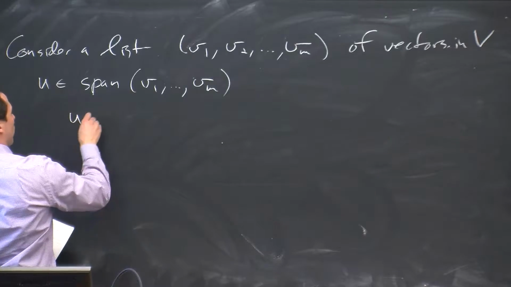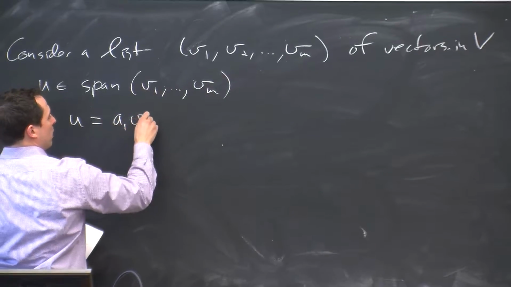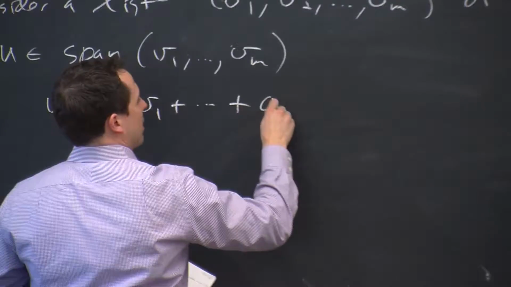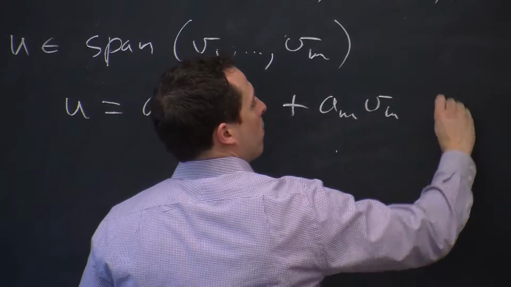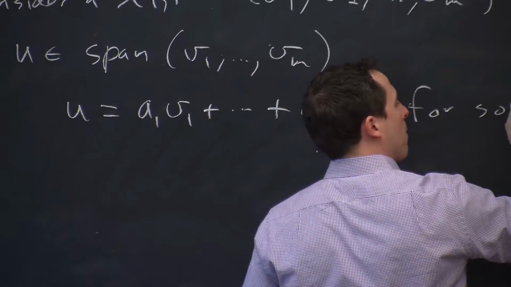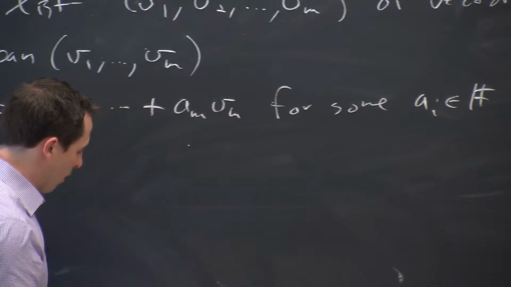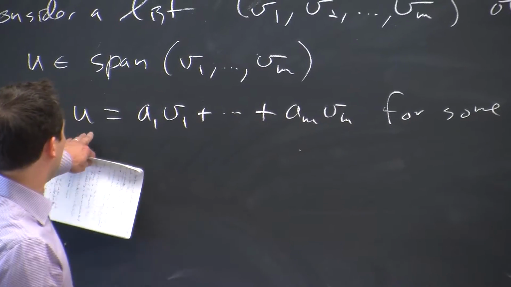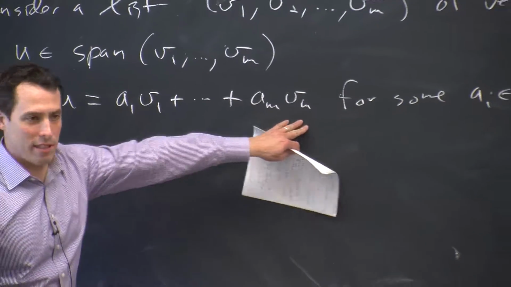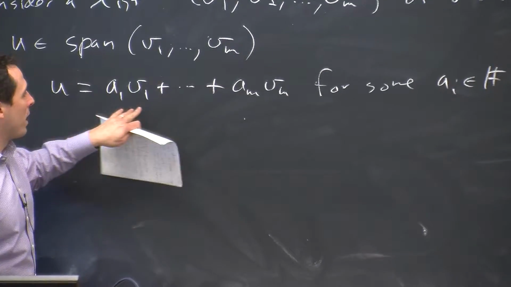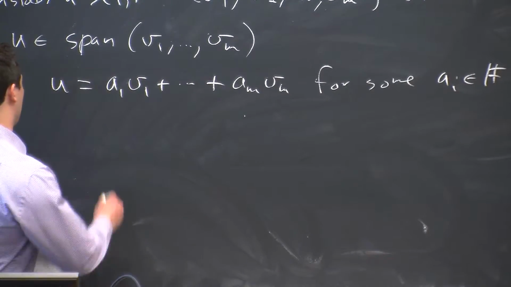In other words, u is equal to a1 v1 plus a bunch of others, plus am vm, for some choice of field elements. This is like an expression we'd have in a sum of subspaces. And when is this expression unique?